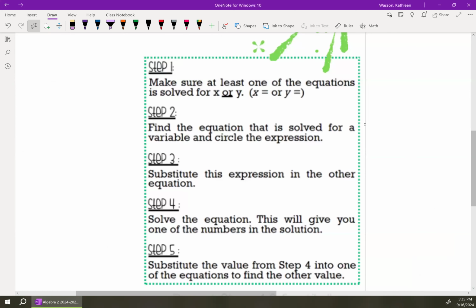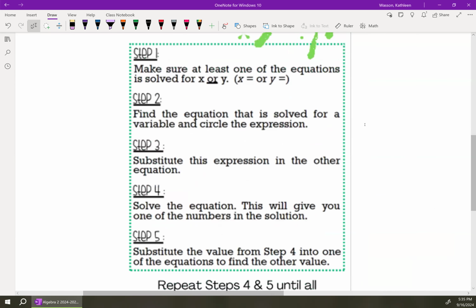These are the steps for solving. Step 1: make sure at least one of the equations is solved for x or y. If it's not, then choose an equation that would be easy to rewrite as x equals or y equals.